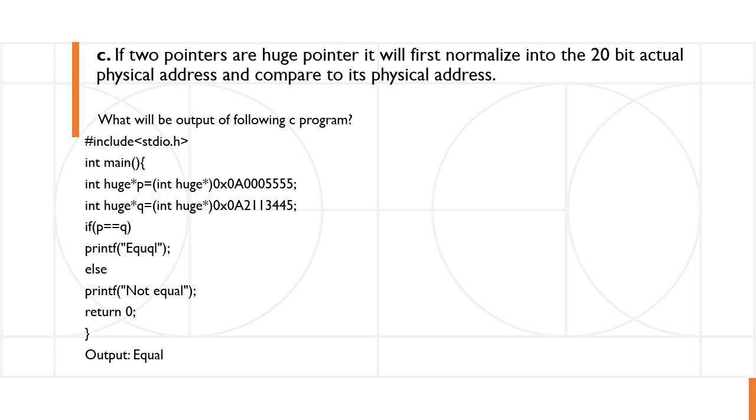By default, according to this rule, it will first normalize into the 20-bit actual physical address and compare only the physical address. So obviously it will print equal, because it compares 0x0a and 0x0a and simply gives me equal.